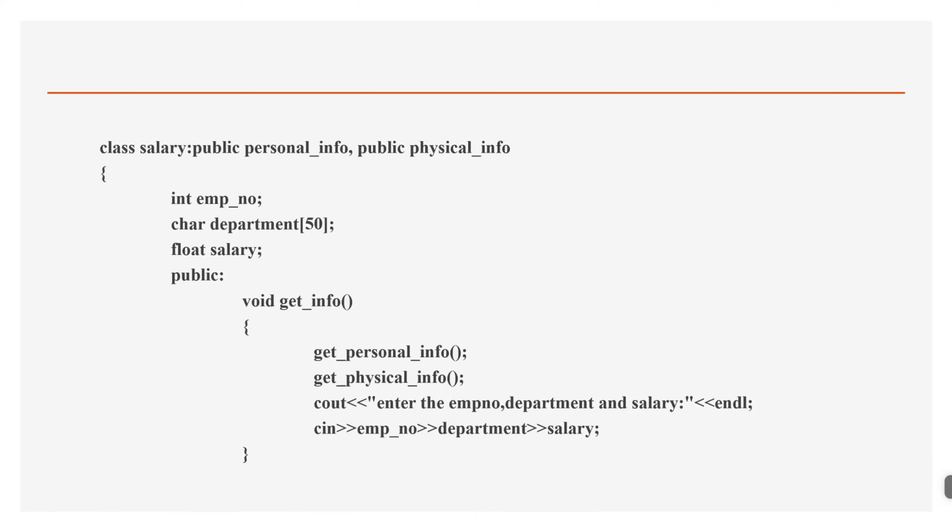So altogether 3 plus 3 plus 3, 9 different pieces of information are to be entered for the derived class that is called salary.